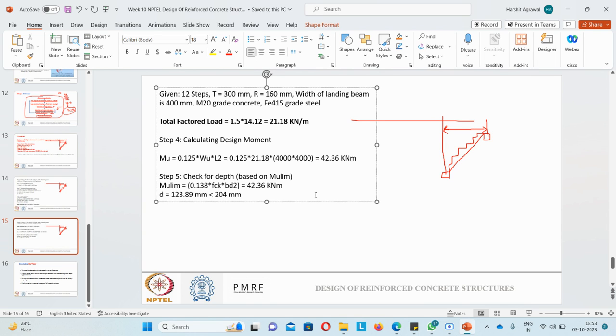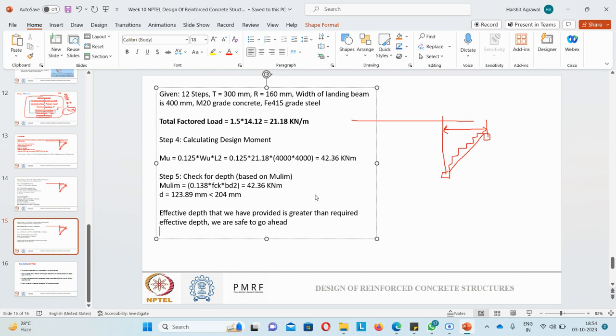The effective depth that we have provided is greater than the required effective depth, so we are safe to go ahead. Now this was step 5.